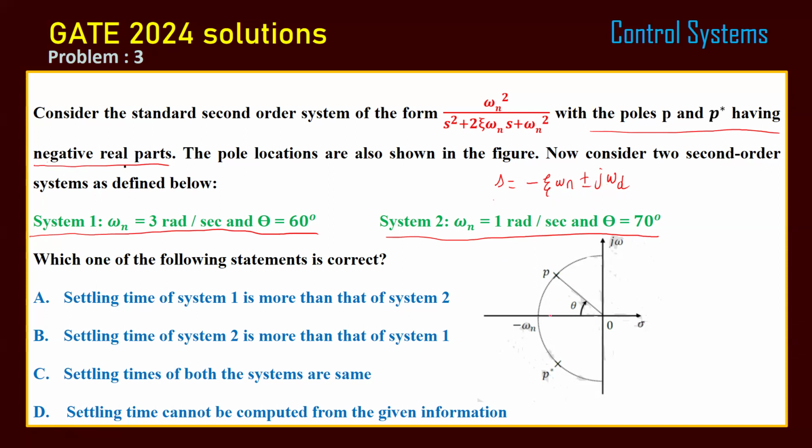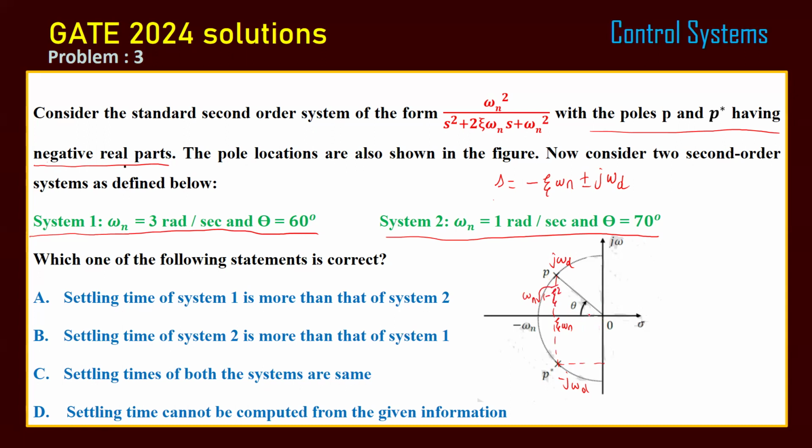Okay. So, here, these are the poles given. This is j omega d and this is minus j omega d. And here, this value is zeta omega n. Therefore, on the y-axis, omega d is nothing but omega n root of 1 minus zeta square.